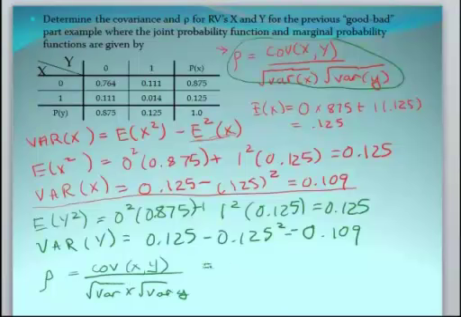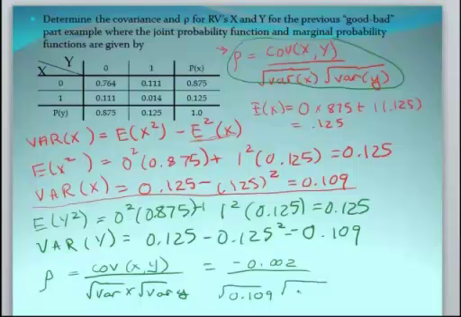That is just going to be minus 0.002 all over the square root of 0.109 and the square root of 0.109. So when we multiply that all out, it becomes minus 0.018, and that is our correlation coefficient.